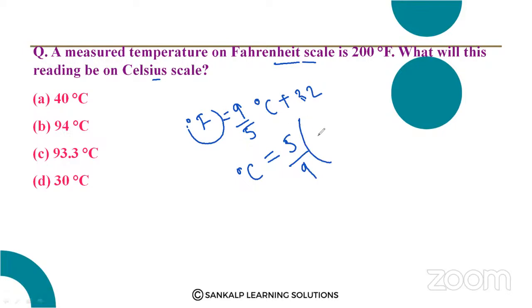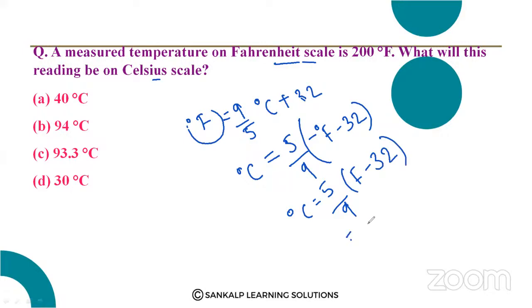The 32 goes here so it becomes negative: degree Fahrenheit minus 32. So degree Celsius equals 5 by 9 into Fahrenheit minus 32.